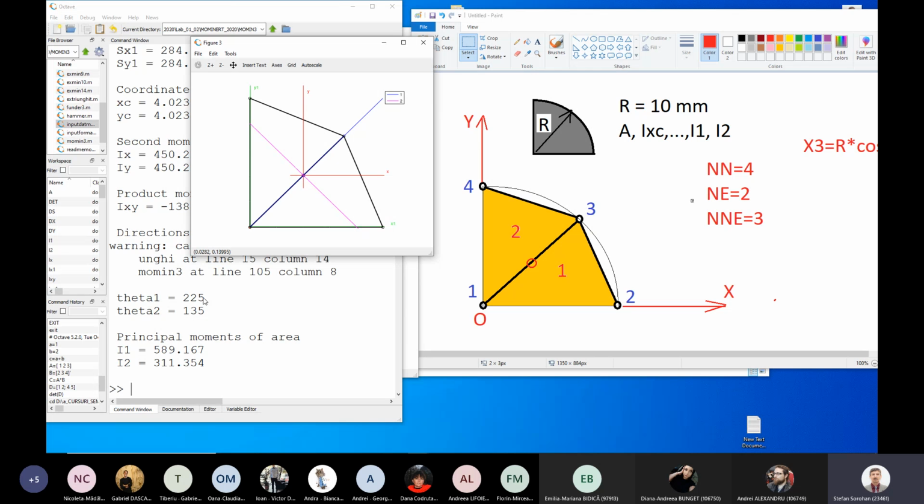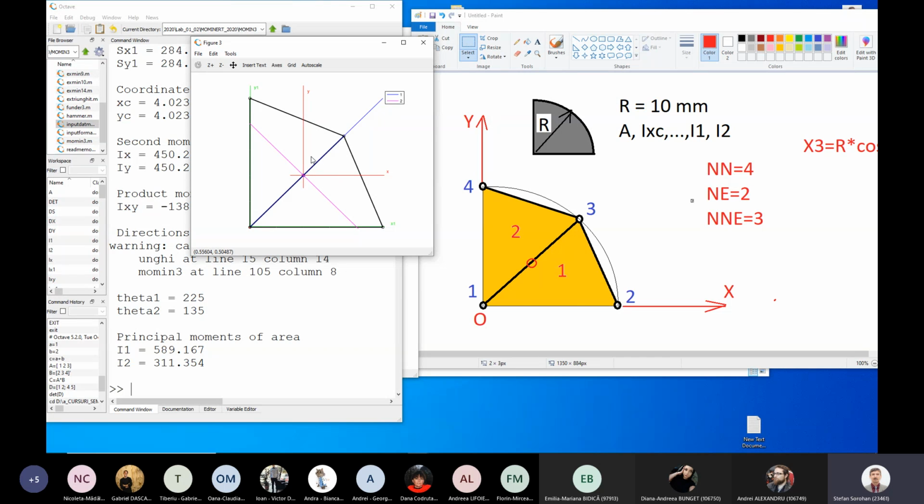Of course, this angle is a multiple of 180 degrees. You may remove 180 and you will obtain 45 degrees, this angle.